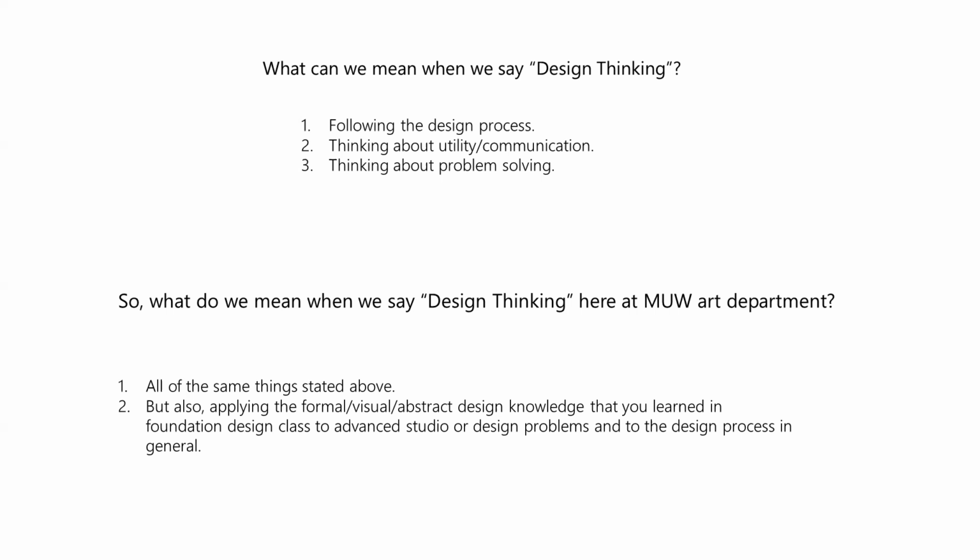So that's the design process, and that applies both to graphic design, but it applies to lots of kinds of art. That's one definition of design thinking, and that's a good definition. Another would be thinking about utility and communication. If you were an industrial designer or a product designer, you'd be thinking a lot about utility.